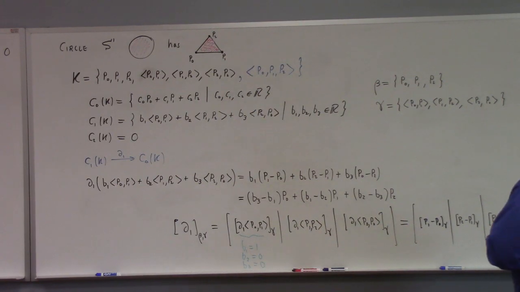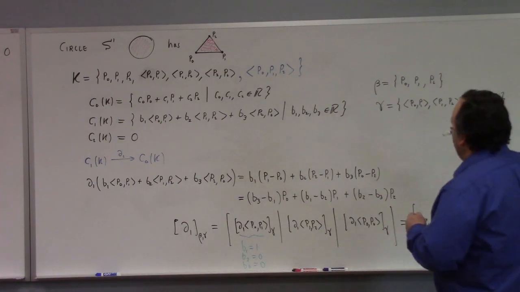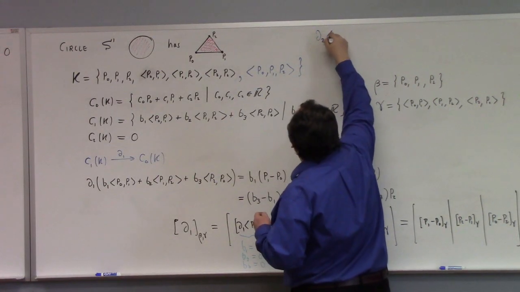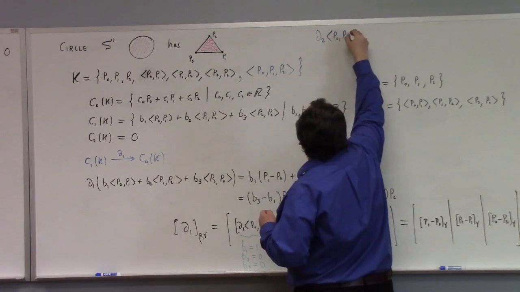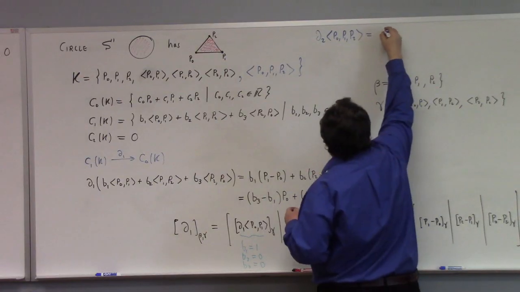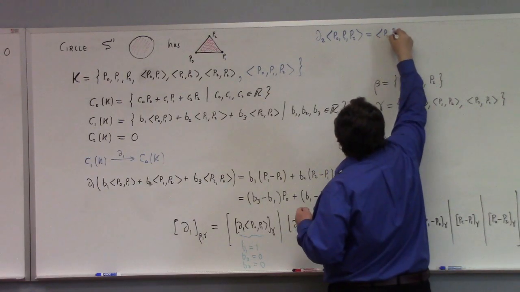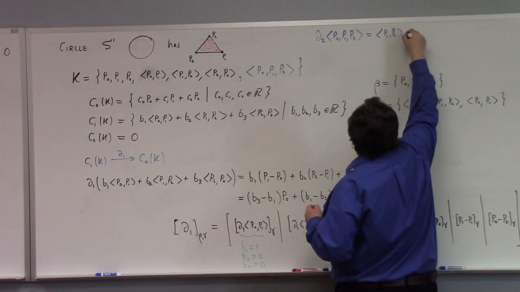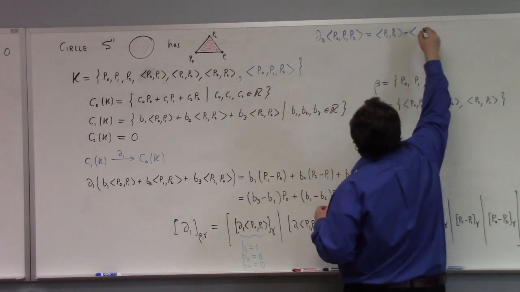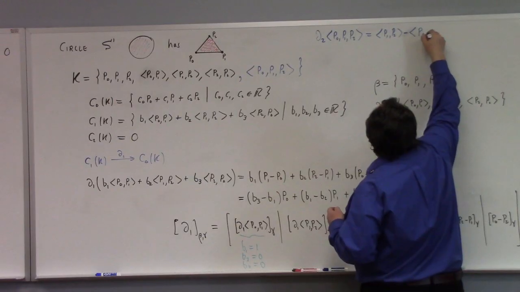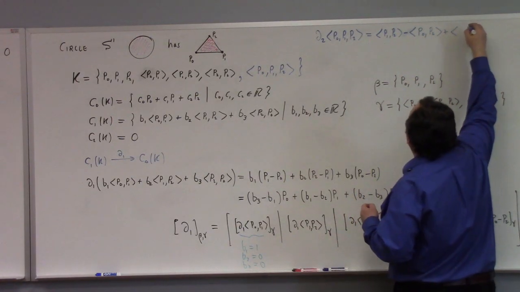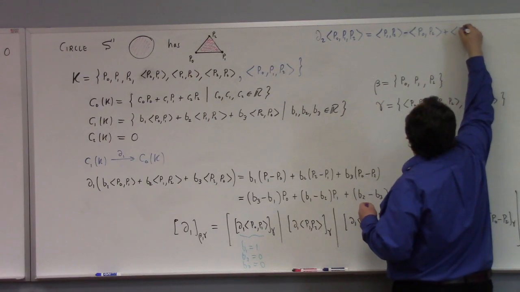So notice now that if we calculate boundary 2 acting on P0, P1, P2, that is by definition P1, P2 minus P0, P2 plus P0, P1, okay.